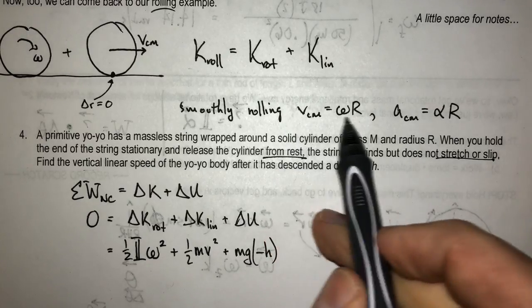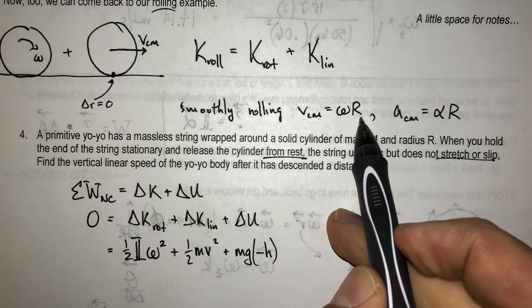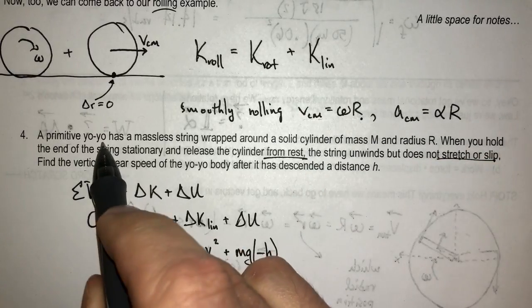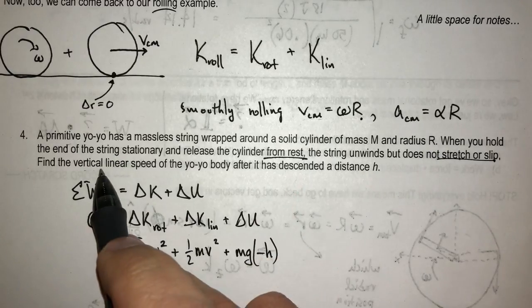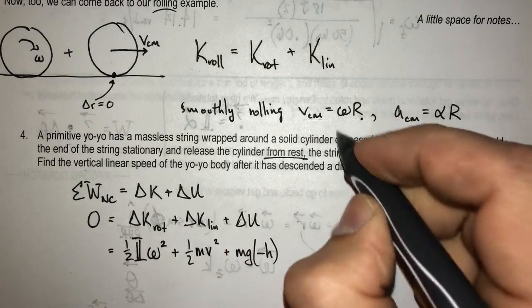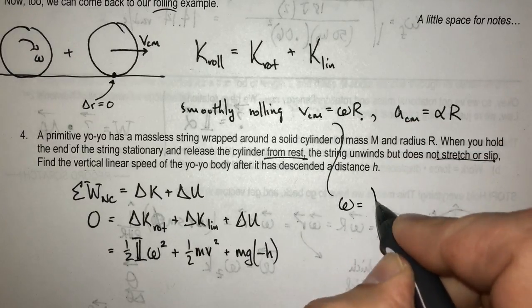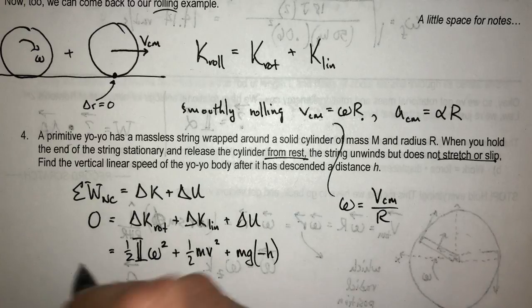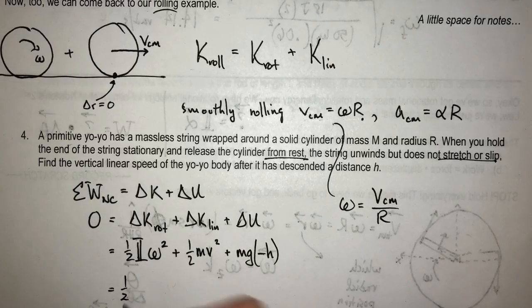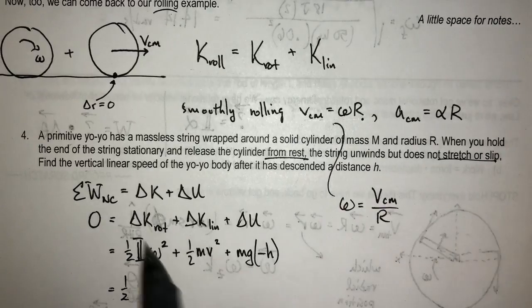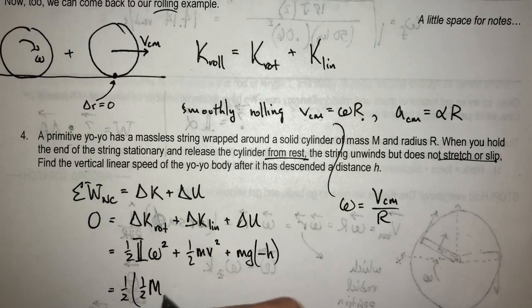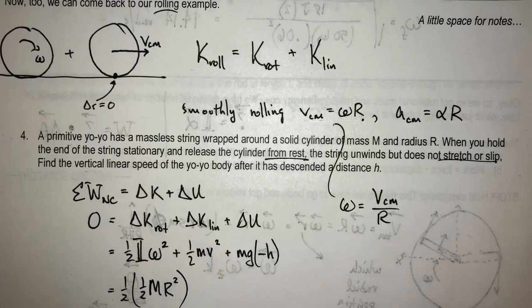And this is where we can leverage the smoothly rolling condition. The omega of the center of mass of this yo-yo is related to the linear speed of the yo-yo body, because it's smoothly rolling. So 1/2 times, now again, it's a solid cylinder, so we go look up the moment of inertia in table 9.2, and it's still 1/2 m r squared.